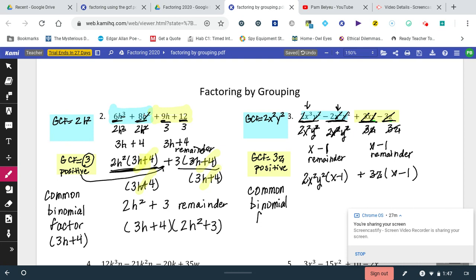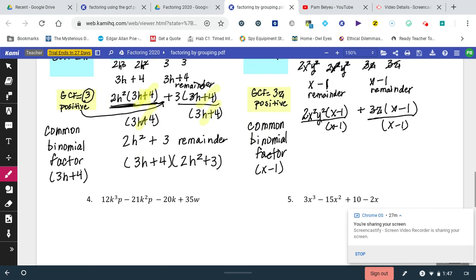And we should all be able to see that the common binomial factor is x minus 1. So I'm going to divide by x minus 1. Divide this by x minus 1. And it should be fairly easy to see what happens.